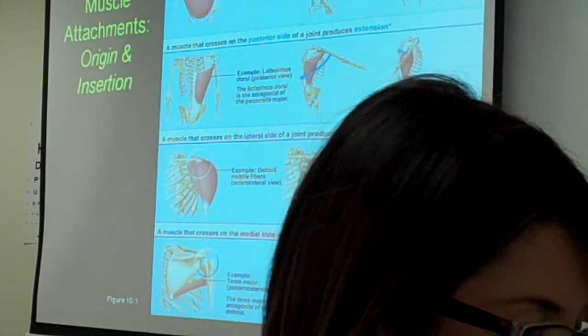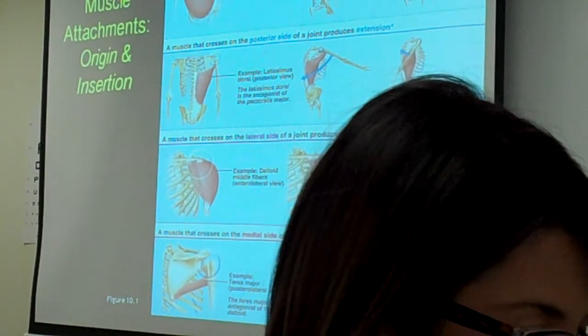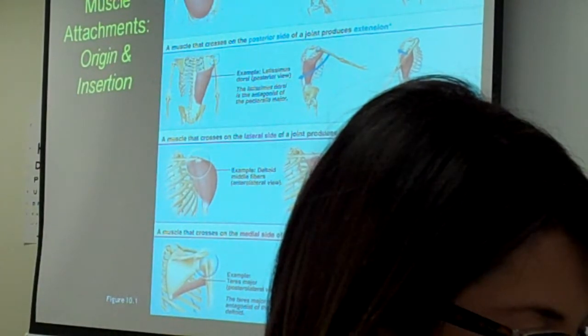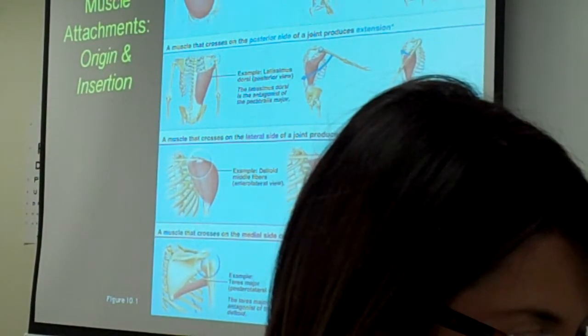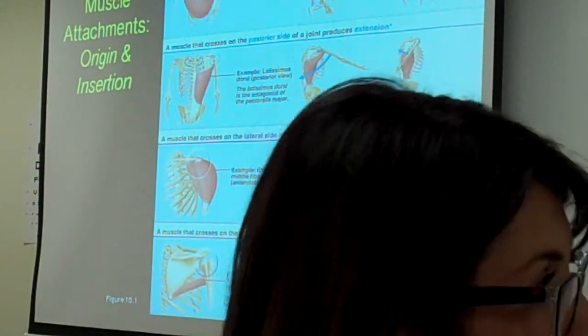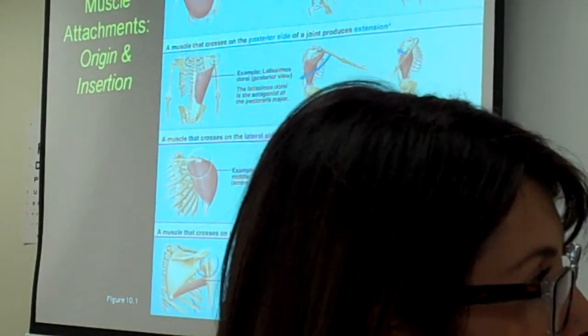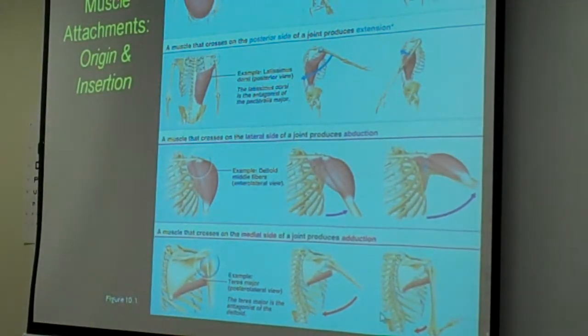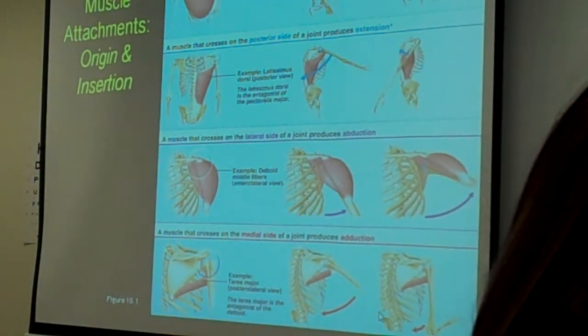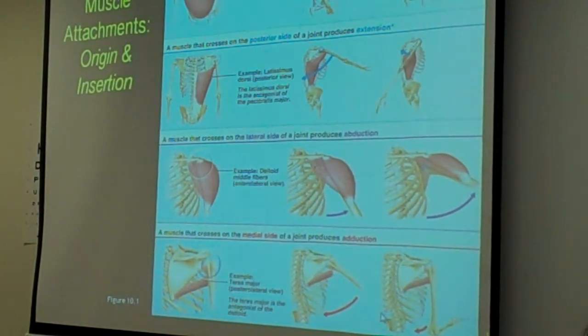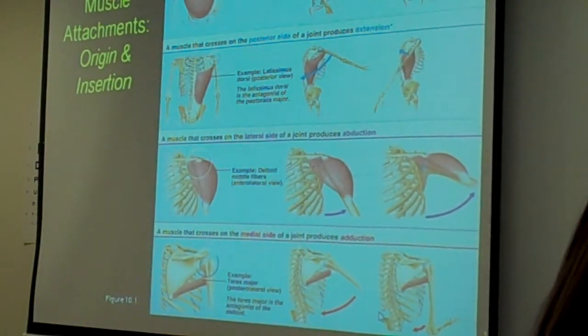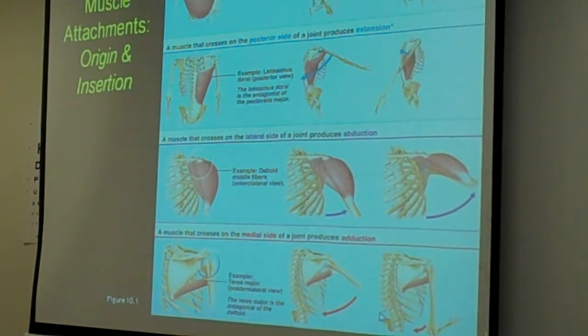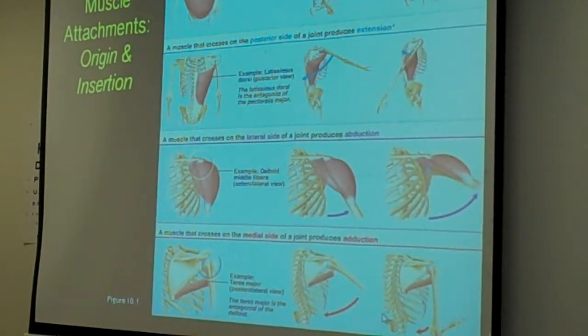All right, so number 1, skeletal muscles and their actions. The origin is the point of attachment at the fixed bone. The insertion is the point of attachment to the bone that moves. That's in general.